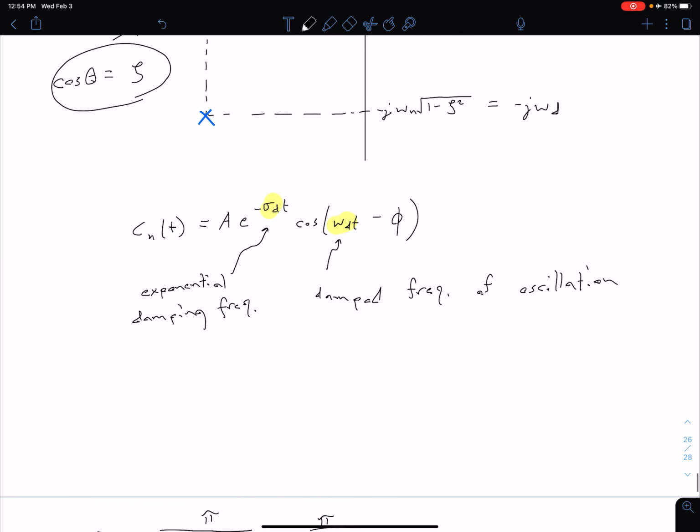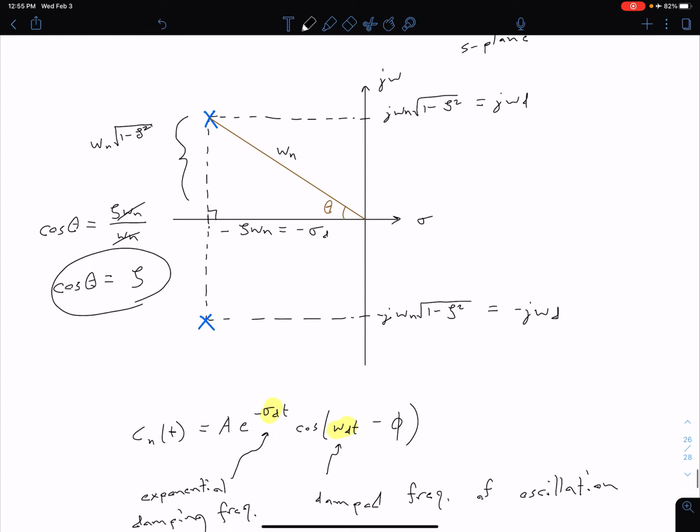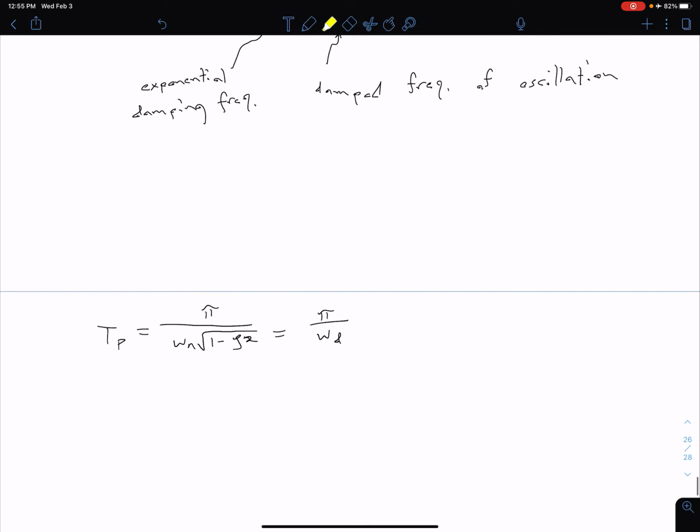Okay, so now relating that to this plot here, we see that omega d is basically the vertical distance from the origin of our poles, either above or below. So what we can say then is if we're at a constant omega d, we have a horizontal line. So on that highlighted region right there, our omega d is the same. So what that means based on this equation is that if we have a horizontal line in the s-plane, then we have a constant peak time.